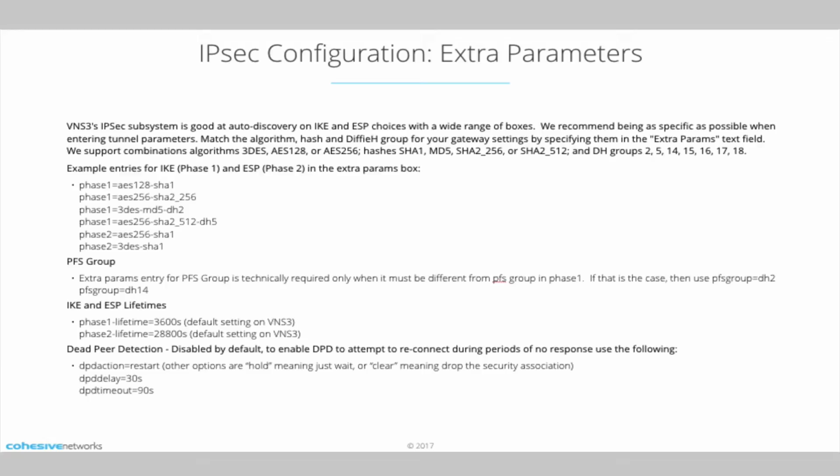The delay is how long to wait for an answer to come back, and the answer is 30 seconds. If no answer comes back in 30 seconds, you'll do another one, depending upon your timeout. So in this case, with a timeout of 90 seconds, we would attempt to say, hi, are you there? And after not getting a response to 3 different inquiries, 90 seconds later, we would reset the connection and try to start everything over again.